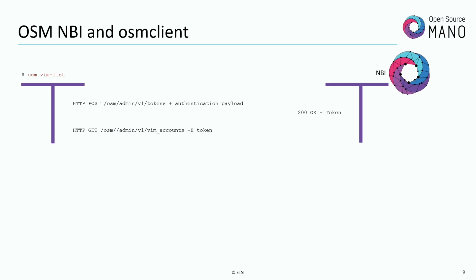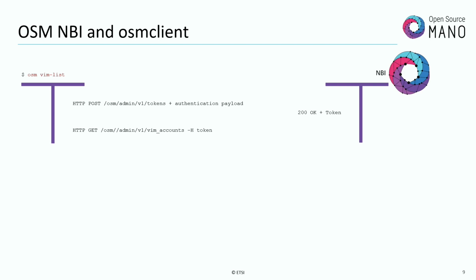So, oops, two slashes here. This should only be one slash. But in this particular command, it's vim-list. It turns out that the API endpoint for finding all of our virtual infrastructure management accounts is literally admin/v1/vim_accounts.